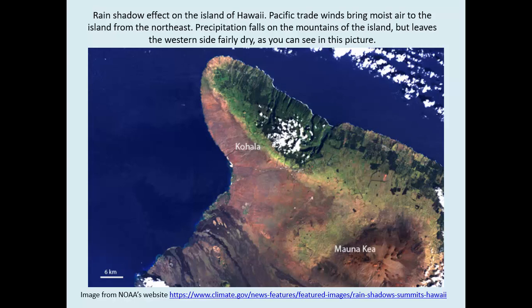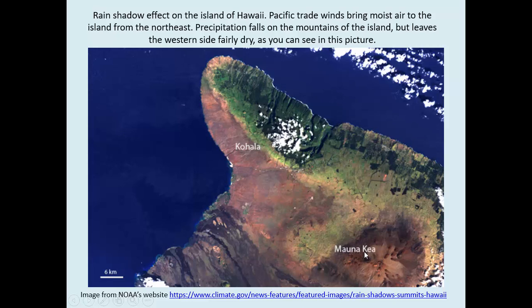Here's a classic example of a mountain, the island of Hawaii. On this big island of Hawaii, we see that one side of the island is very lush and green, and the other side is much more like a desert. That's because the moisture tends to come from this side of the island, and then it hits this big tall mountain.